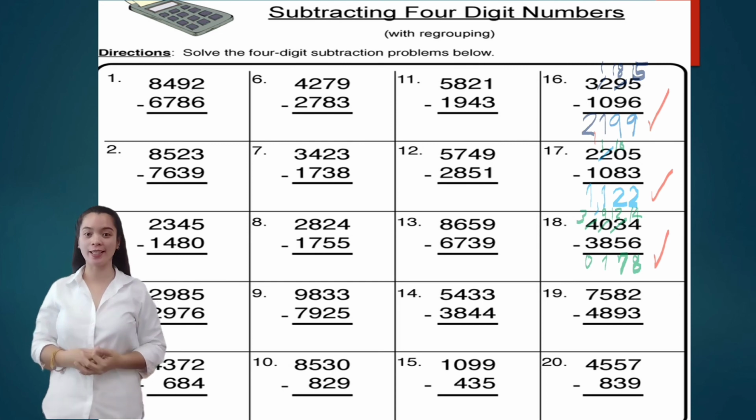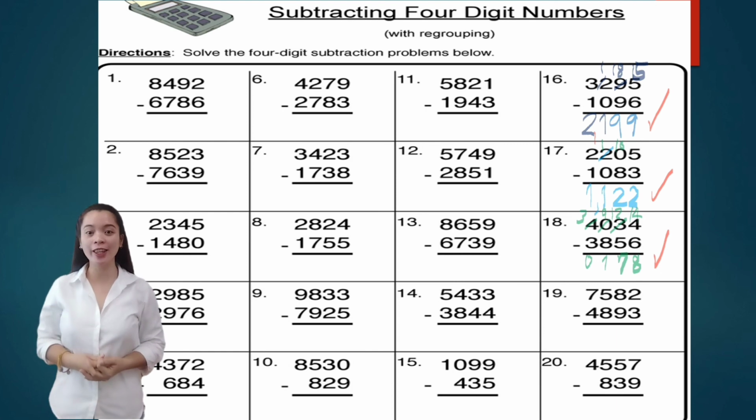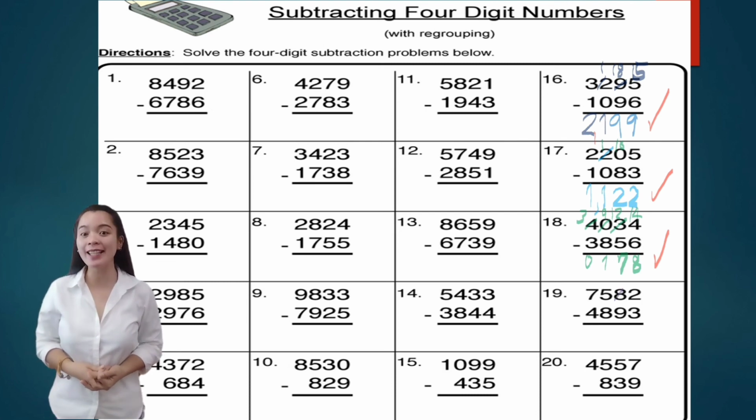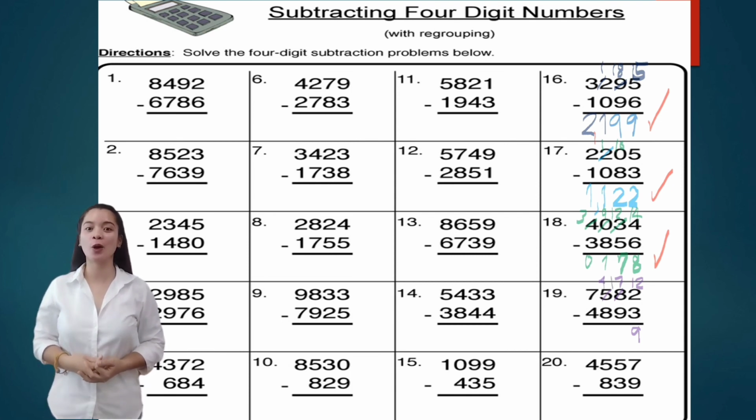Now let's have 19. 7,582 minus 4,893. 2 minus 3 cannot be, so let's borrow from 8. 8 becomes 7 and 2 becomes 12. 12 minus 3 equals 9. And 7 minus 9 cannot be, so we will borrow from 5. 5 becomes 4 and 7 becomes 17. 17 minus 9 equals 8.